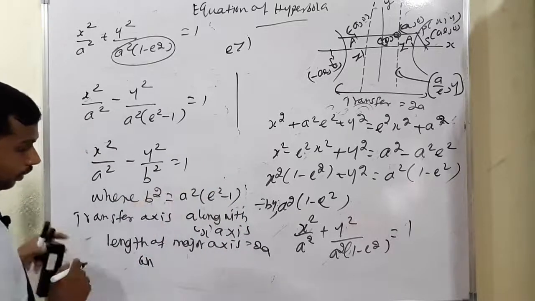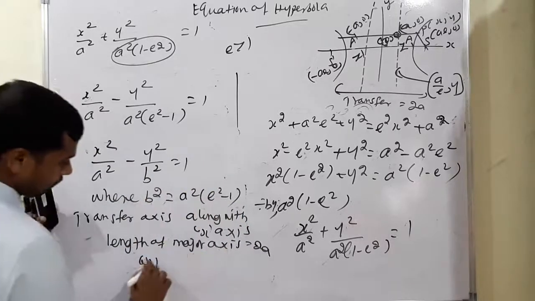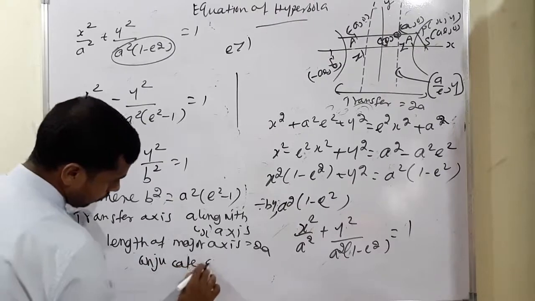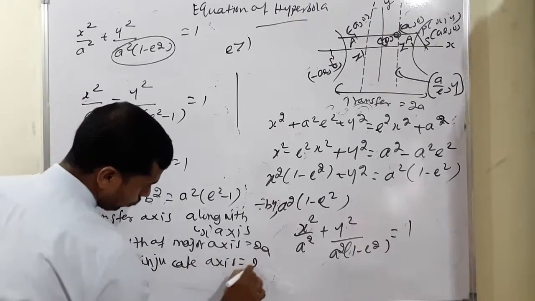Conjugate means y will come. So y axis means the conjugate axis is equal to 2b will come.